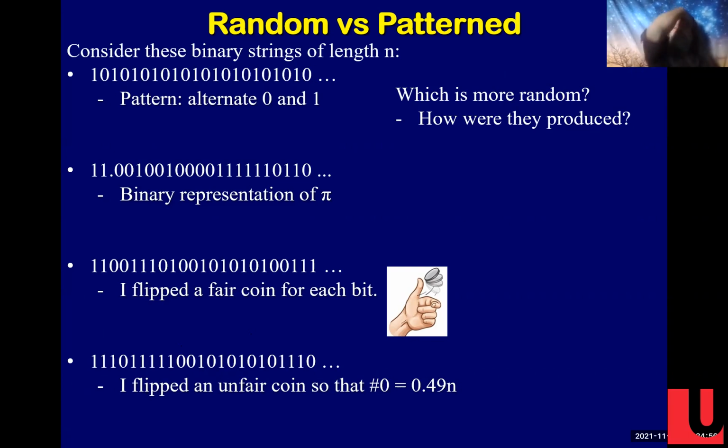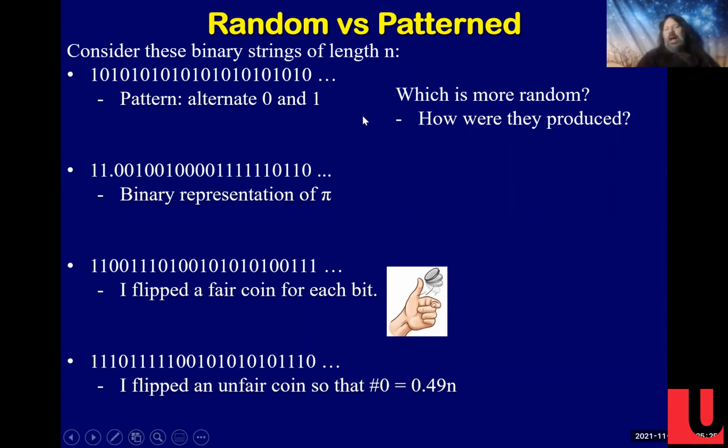In fact, I'll tell you a property of the string: the number of zeros is slightly less than half. In a random string that was really, really, really long, you would expect the number of zeros to be pretty close to half. And in this one, the number of zeros is going to be exactly equal to 0.49n.